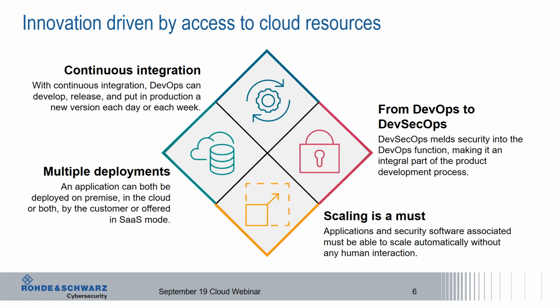And in some cases, the applications are deployed in a public cloud, in some cases in a private cloud, in hybrid clouds, or offered in SaaS mode. So yeah, we need to take into account multiple deployments when we create applications, but also us, Rohde & Schwarz, when we provide protection. And finally, scaling is a must-have.